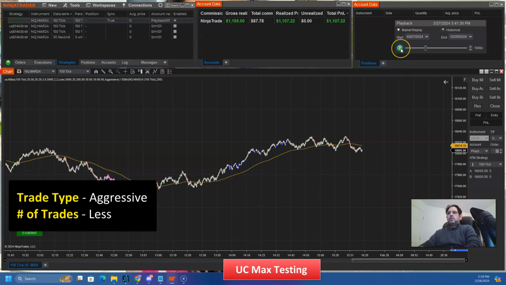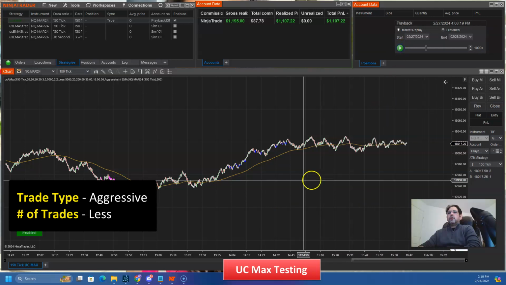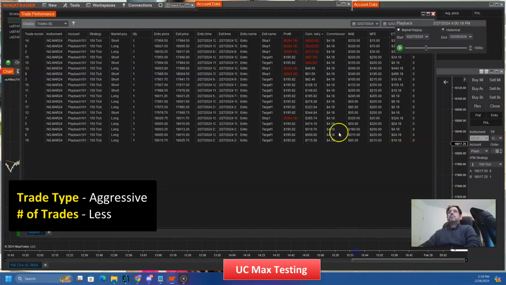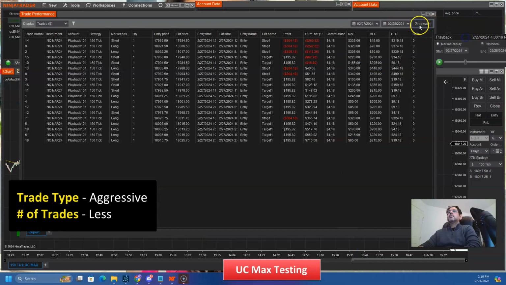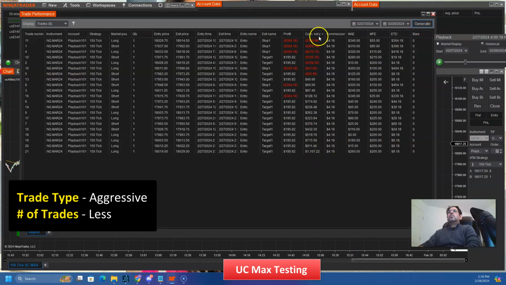So it's almost 4 o'clock. Okay, so let's check out the performance. The drawdown was minus 350. We closed at the high, which was 1107.